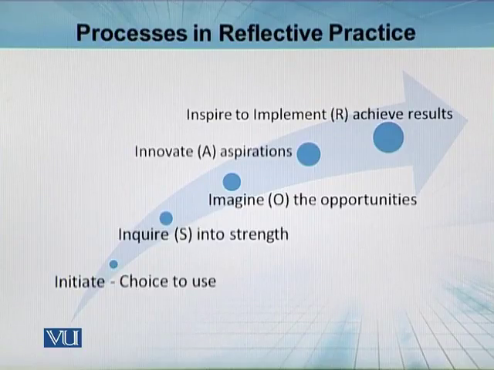When we're inquiring through appreciative inquiry, we're starting with the strengths that we have that we can build on. So the inquiring process is not looking at problems or looking at things which are going wrong or looking at negativity, but starting the inquiry process from a point of a strong foundation.